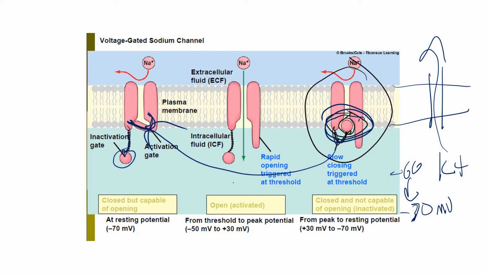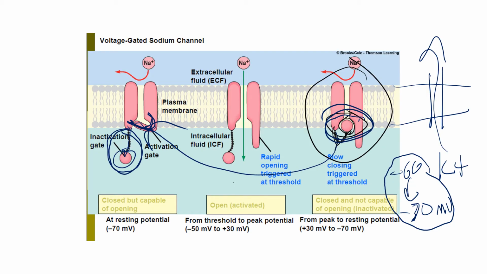And again, we think that this is a timed process, not necessarily voltage-related. Somewhere between negative 60 and negative 70 millivolts, you get a resetting of the voltage-gated sodium channels where the activation gates close and, more importantly than anything, the inactivation gates open back up.